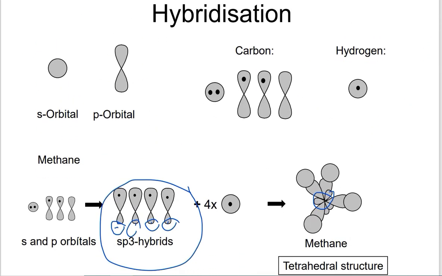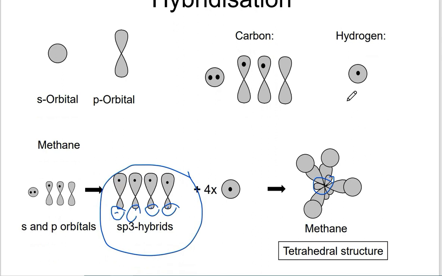Now, in the case of methane, we only have single bonds, because when we have one s hybridizing with three p orbitals, we get four different single bonds because this is the maximum.